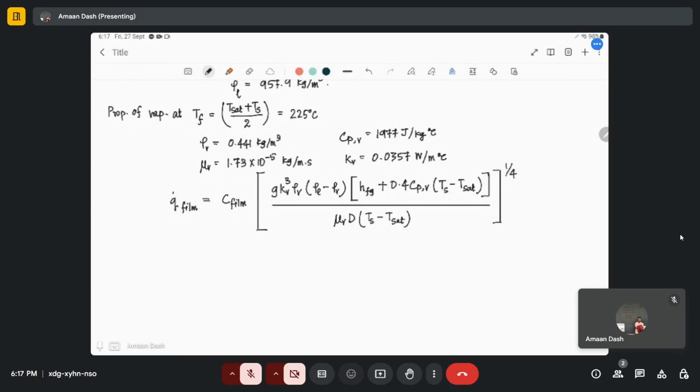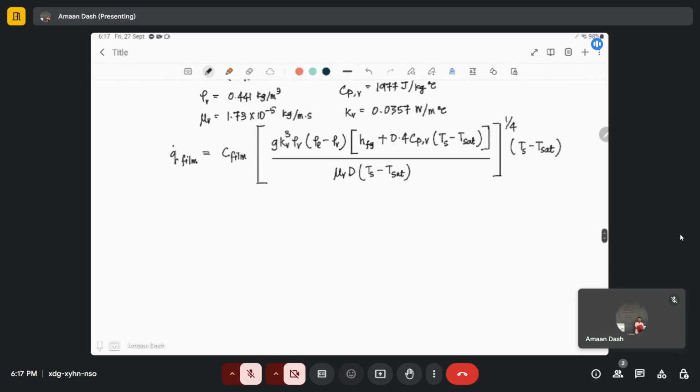And then again you have Ts minus Tsat. You can use this expression. And the C film you can obtain in two ways.